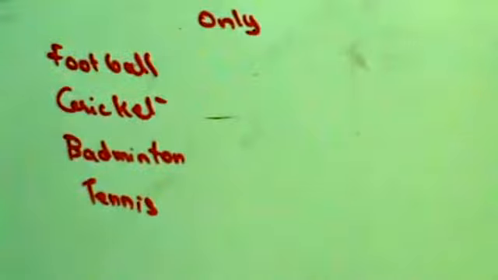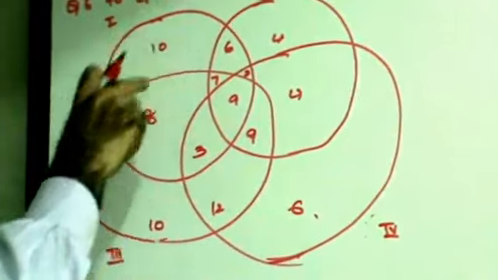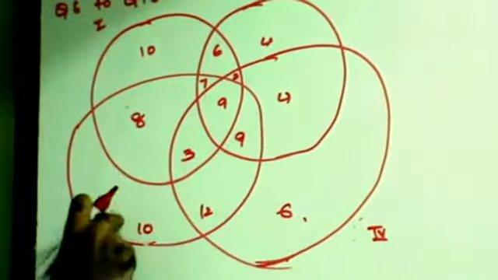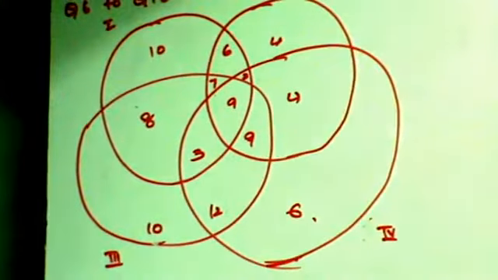Now if you look at the pie chart, guys, these 10 are the people who play only football. These 4 are the ones who play only cricket. These 10 are the ones who play only badminton, and these 6 are the ones who play only tennis.